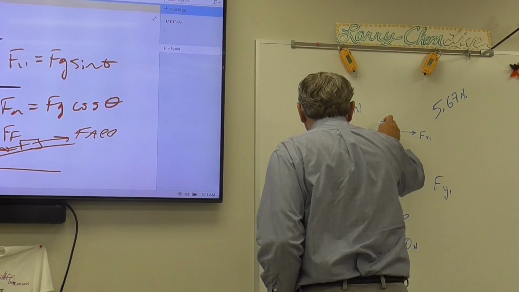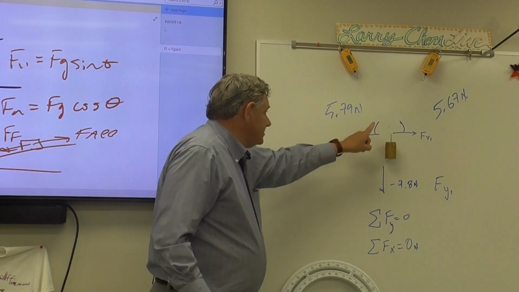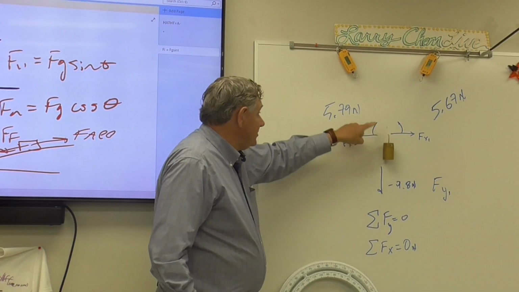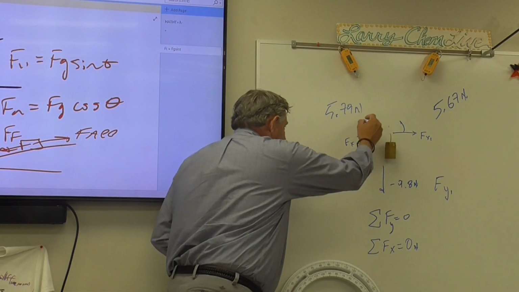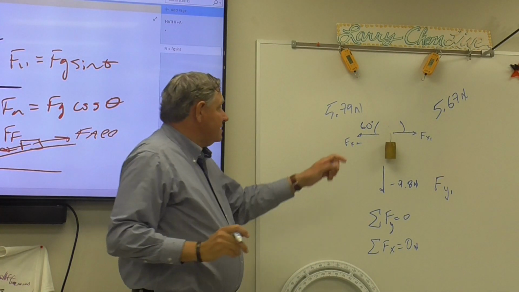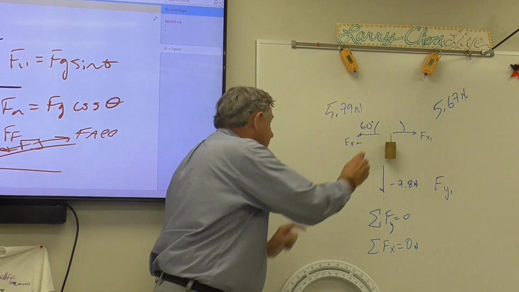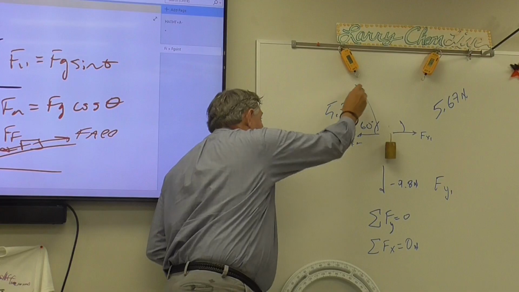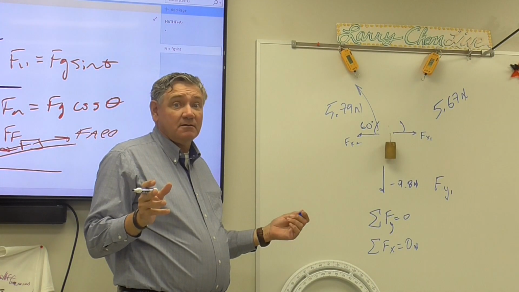So here's the story. What you're going to do in this lab, you're going to measure this angle, and knowing this angle, you're going to know the tension. I'm going to make up a number, let's say that's a 60-degree angle. So if this is a 60-degree angle, and you know the hypotenuse is 5.79, what can you find?